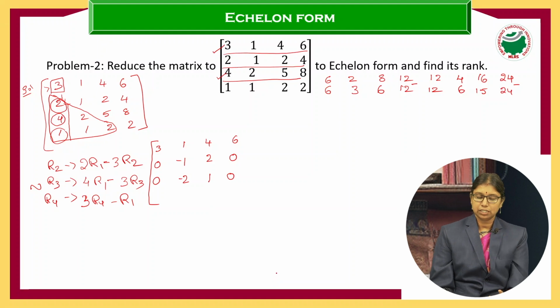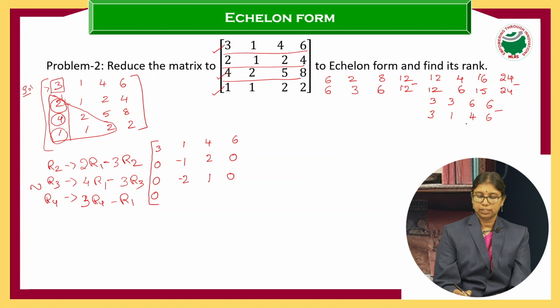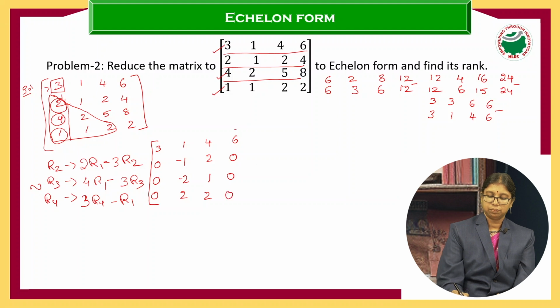Next row operation is 3R4 minus R1. 3R4. So, multiply the fourth row with 3: 3, 3, 6, 6, minus R1. Your first row is 3, 1, 4, 6. So, by subtracting, 3 minus 3 is 0. Again 3 minus 1, 2. 6 minus 4 is 2. 6 minus 6 is 0.